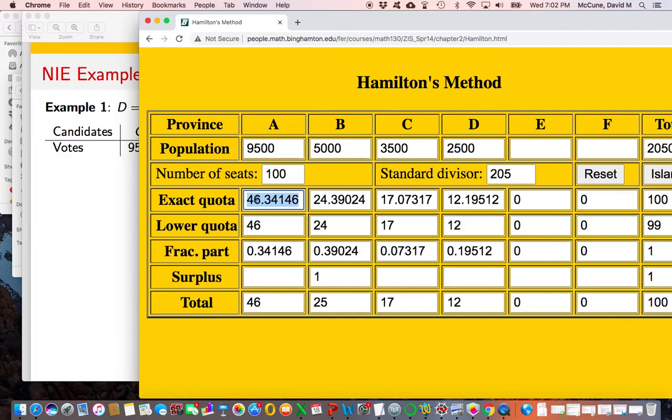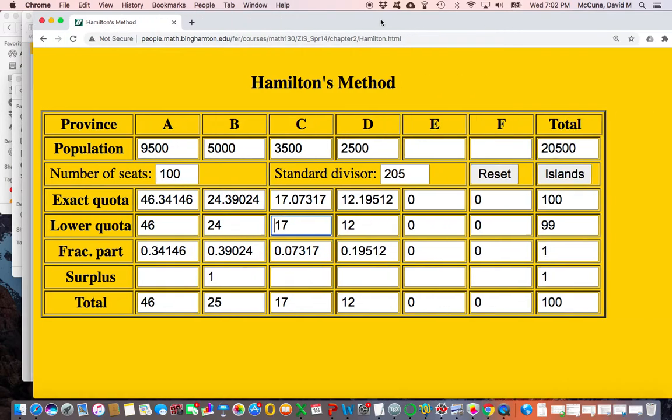Okay, so this guy gets 46, that's the rounding. This guy gets 24. She gets 17. She gets 12. If you round like normal, there looks like one seat left over, so that would get thrown to candidate A, it looks like.